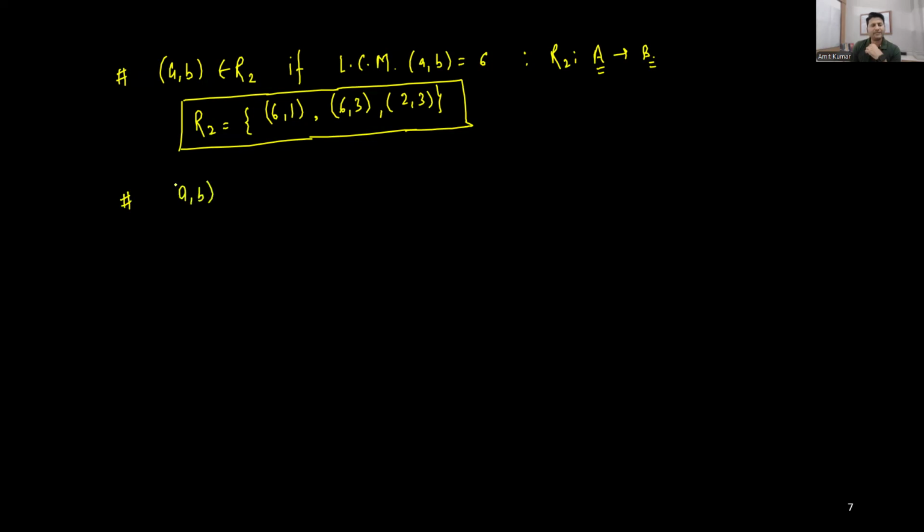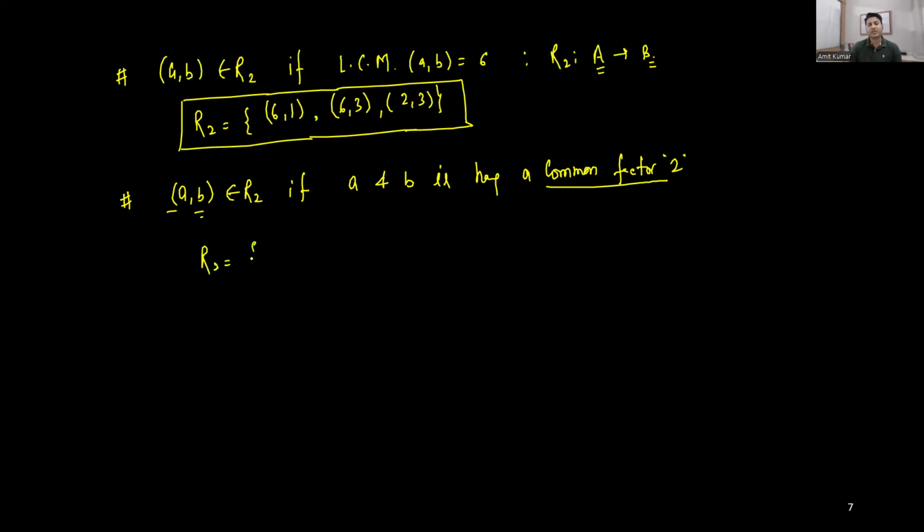So this time I am defining a relation that (A, B) belongs to R if A and B are having a common factor 2. I'm writing these randomly, so you can also define it. So those ordered pairs having a common factor 2, that means they are having 2 as a common divisor.